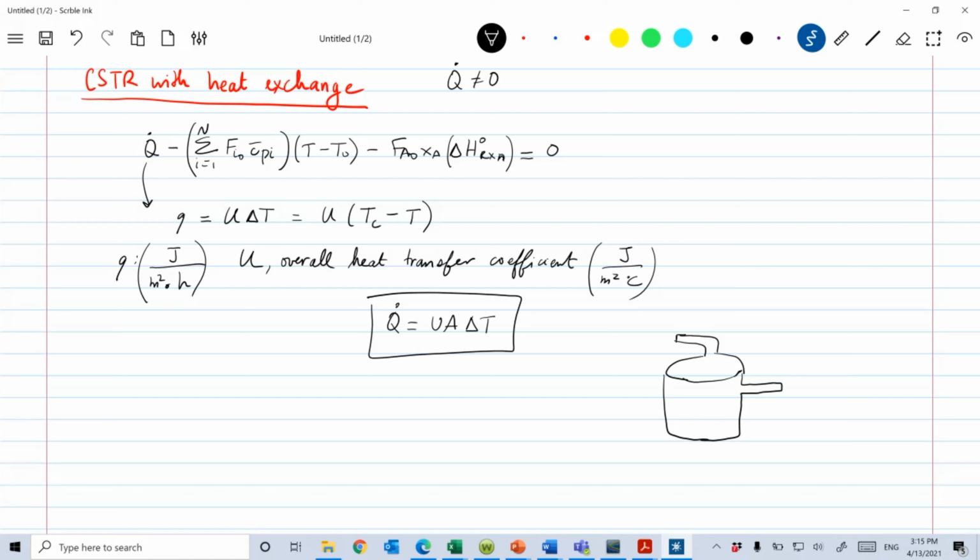Large Q here is per time, because it's heat rate.